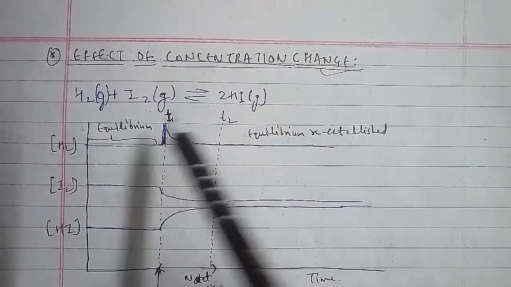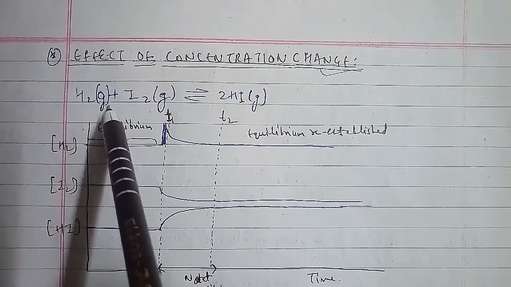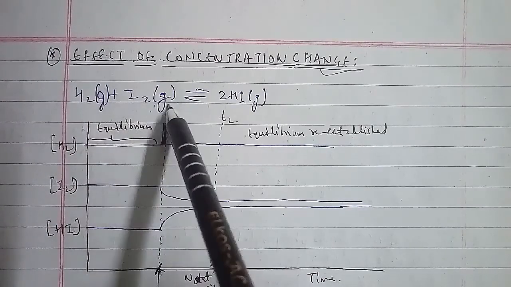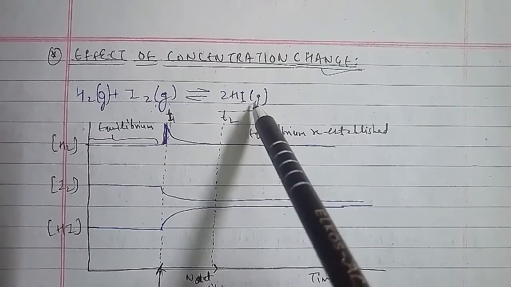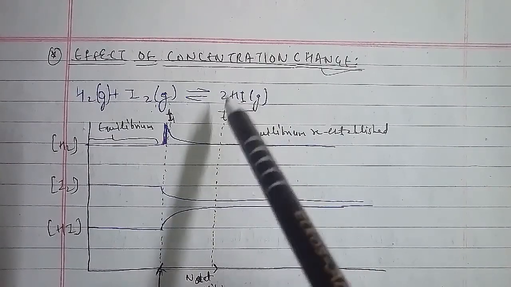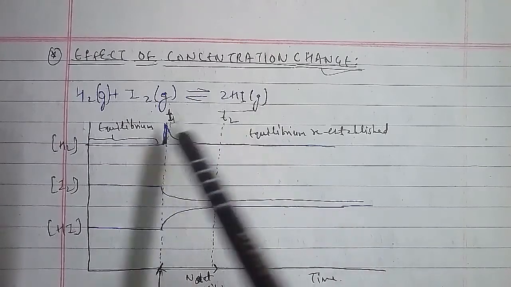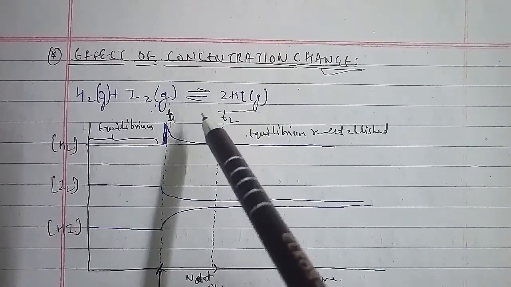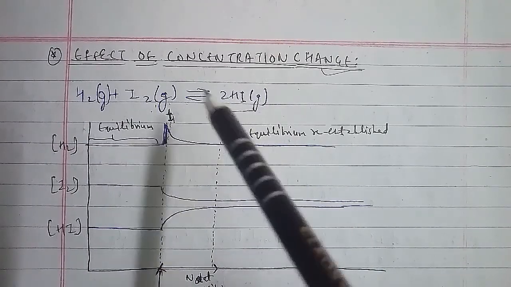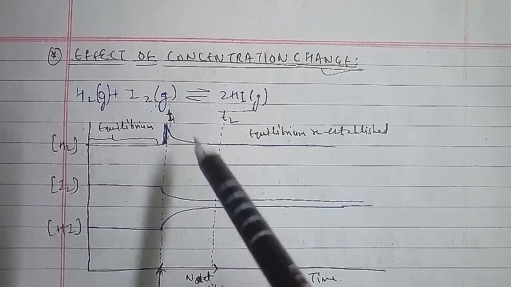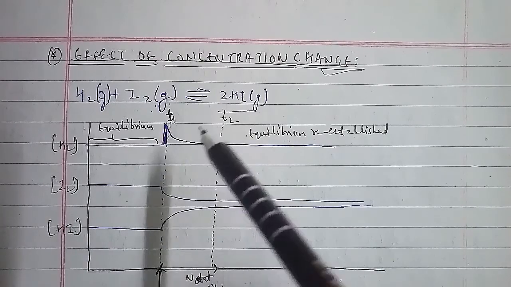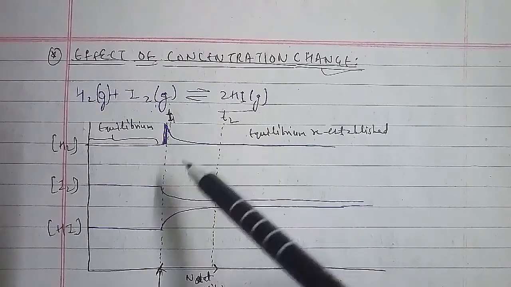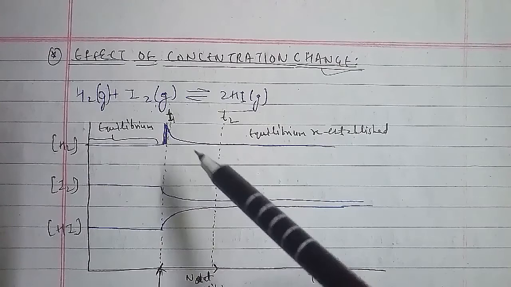That is, more of H2 and I2 react to form HI, and finally the equilibrium shifts in the right, forward direction. This is in accordance with Le Chatelier's principle, which implies that in the case of addition of a reactant or a product, a new equilibrium will be set up in which the concentration of the reactant and the product should be less than what it was after the addition, but more than what it was in the original mixture.